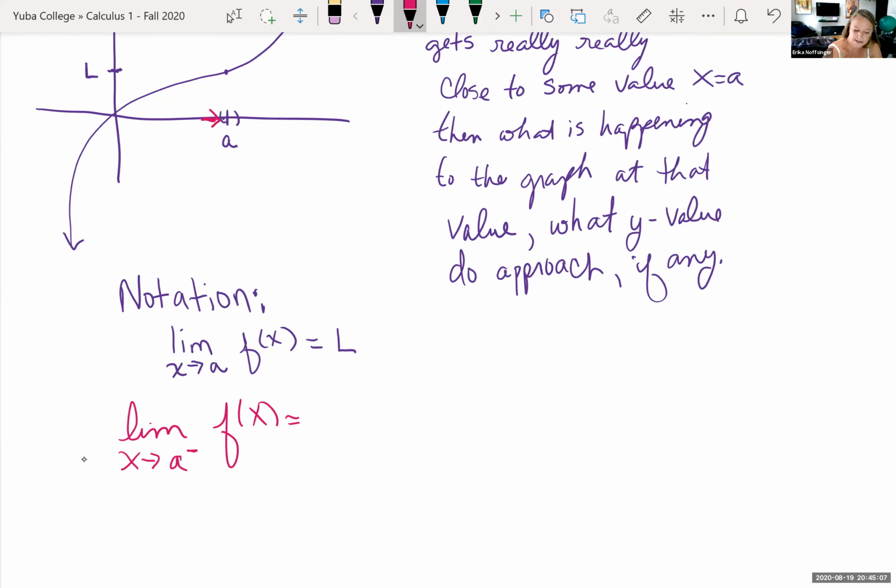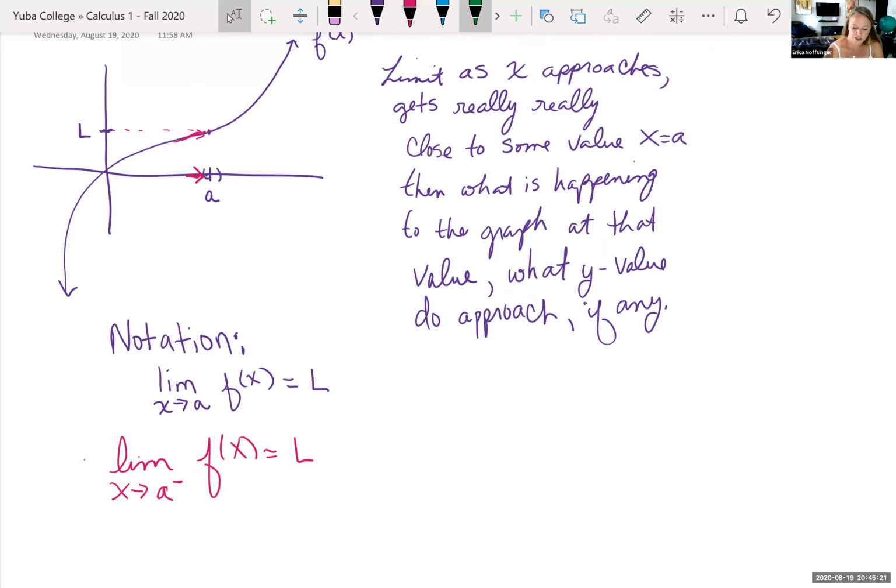In this case, when I'm coming in on the left, the y value that I'm getting closer and closer to is L. So how I would notate that I'm coming in on the right-hand side of a and getting closer and closer to a on the right-hand side.